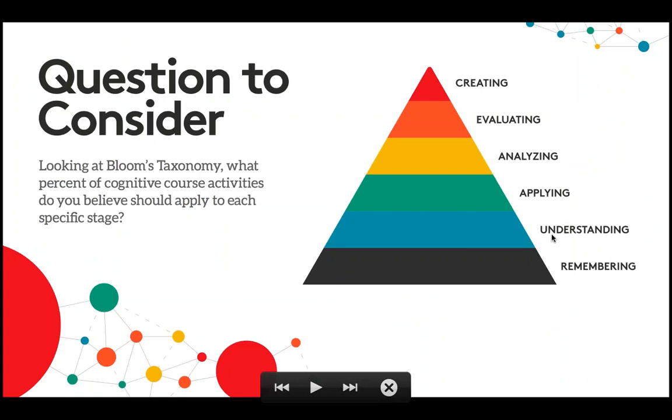And I want to pose a question to people just to start talking about, and then myself and David will kind of share our thoughts on this. But looking at Bloom's taxonomy, I'm going to pose two questions actually, slightly different from on here, but what kind of breakdown do you think some of these stages of Bloom's taxonomy should be as you're looking to develop performance objectives or activities that attach those performance objectives?